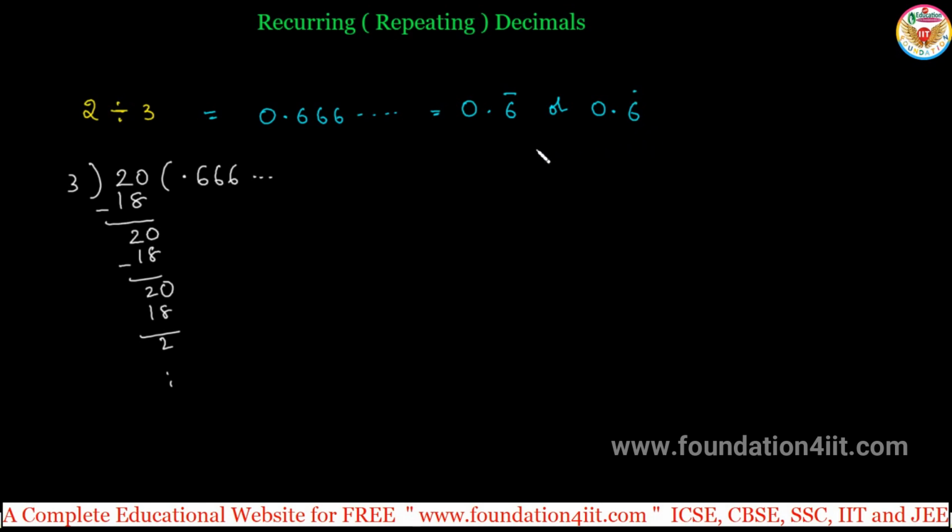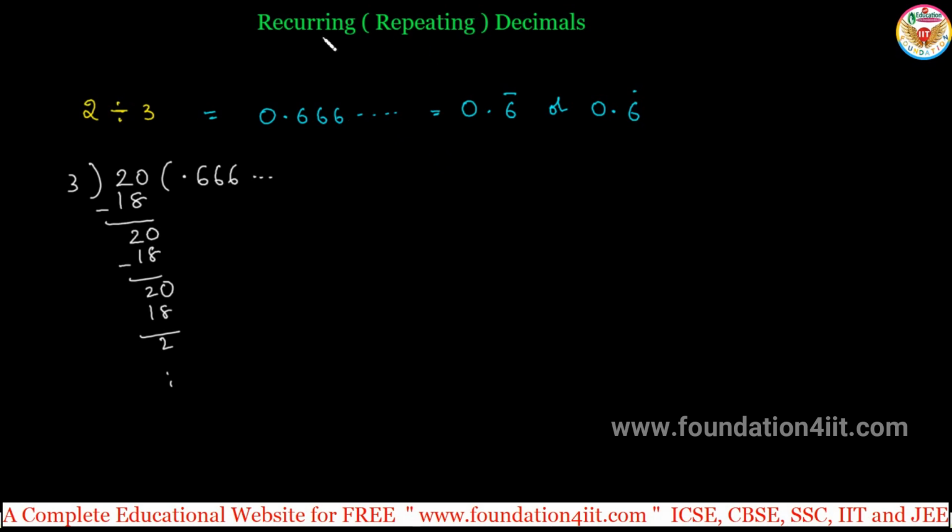Both are the same. This is a non-terminating repeating decimal. It is non-terminating, but again it is repeating. So these are called recurring decimals. The dot or bar shows that 6 is repeated infinitely.